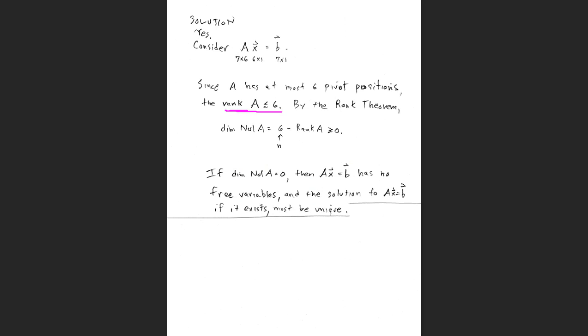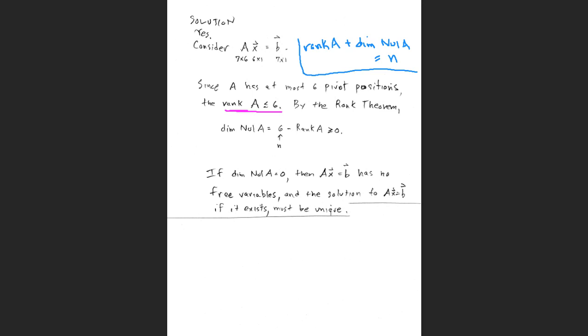But by the rank theorem, what does the rank theorem say? The rank theorem says that the rank of A plus the dimension of the null space of A equals n.